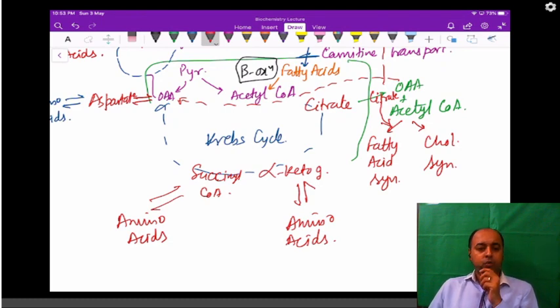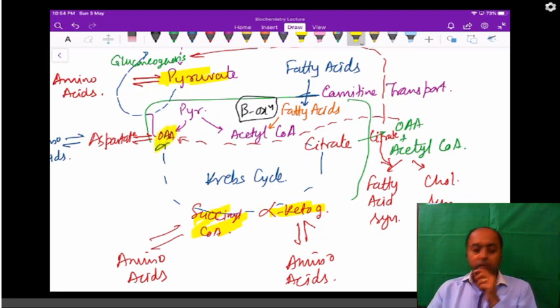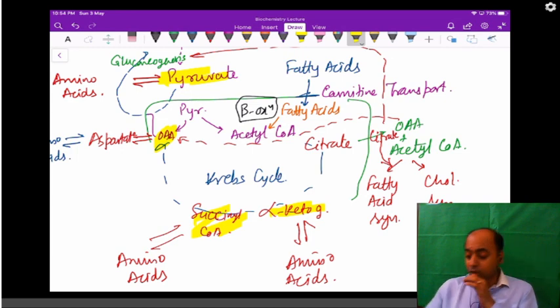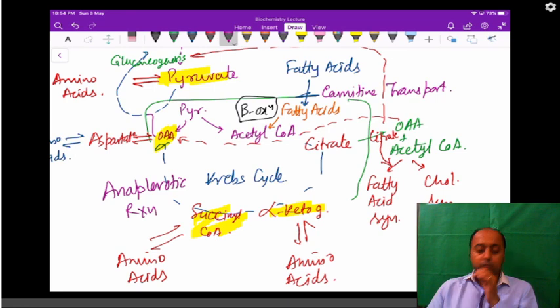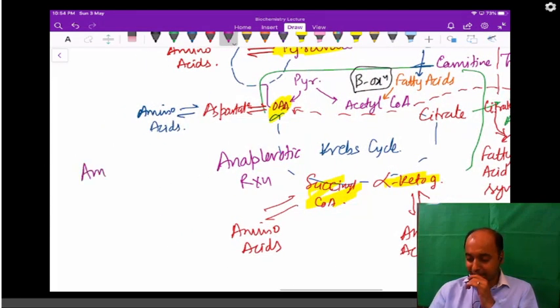So the proteins, via the amino acids, enter the metabolism either at the level of pyruvate or at the level of the Krebs cycle. Where they enter the Krebs cycle, that particular reaction is known as the anaplerotic reaction. Please note, these reactions are also amphibolic.